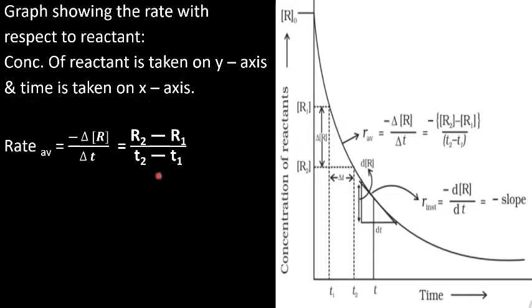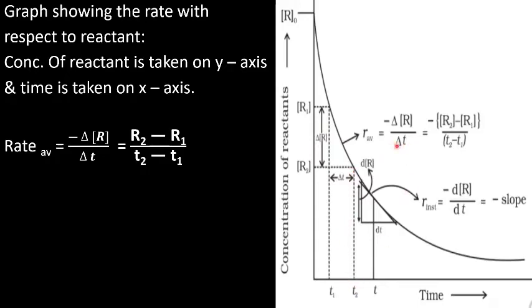Now here average rate is found by taking change in concentration over a time interval. Here R1 is the initial concentration at time T1 and R2 is the final concentration at time T2.